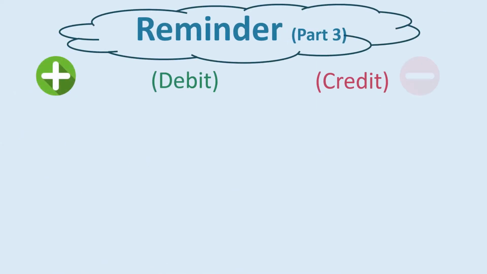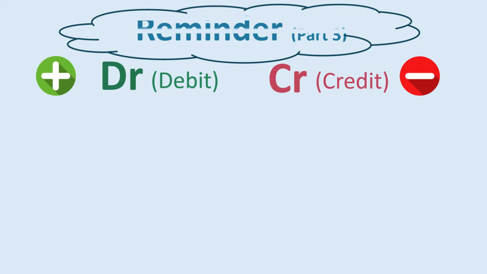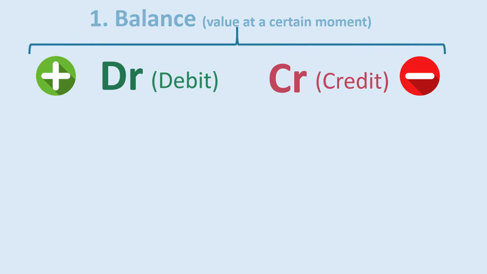Let's first remind ourselves about the fundamental substance of debits and credits as we defined it in part 3. What exactly does it mean that debits and credits are just some other names for positive and negative numbers in accounting? We will break our answer down into two parts. Firstly, we already know that debits and credits are representing whether a balance, i.e. value at a certain moment, is positive or negative.